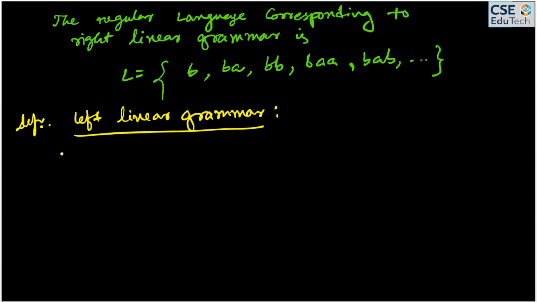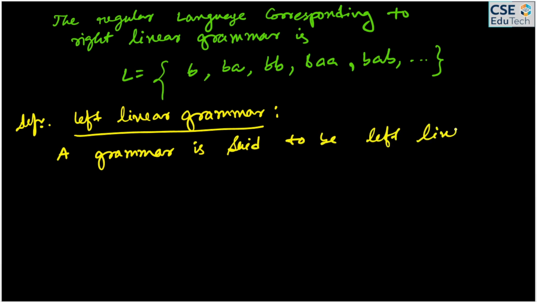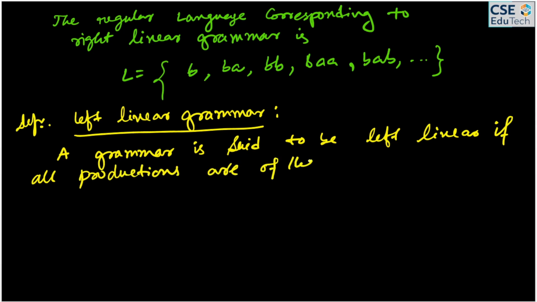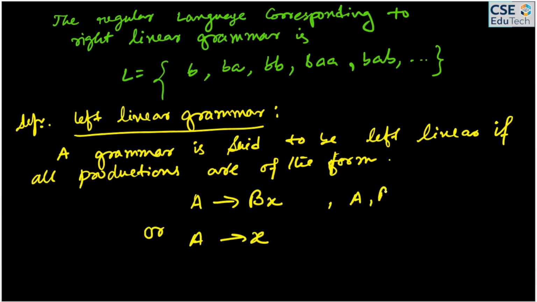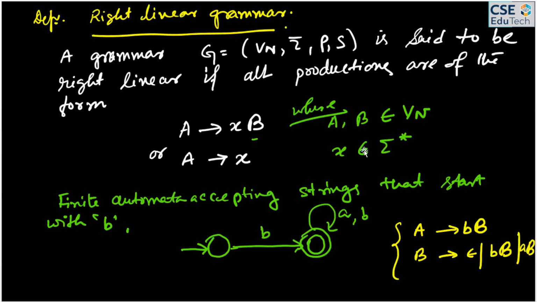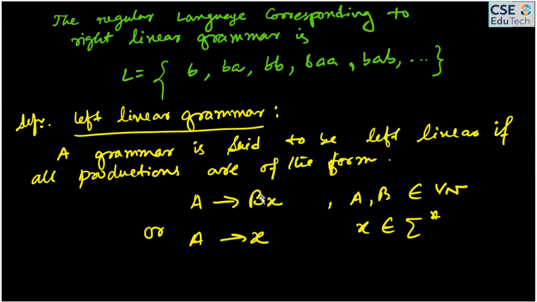Definition of left linear grammar: a grammar is said to be left linear if all productions are of the form A to Bx or A to x, where A and B belong to Vn, the non-terminals, and x belongs to sigma star. So the variable appears on the left.